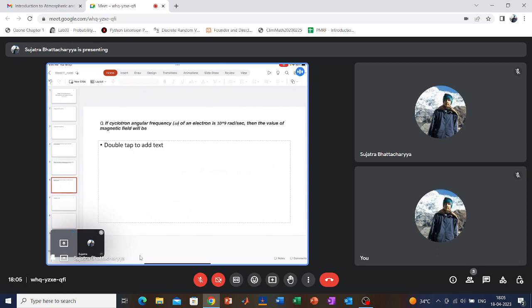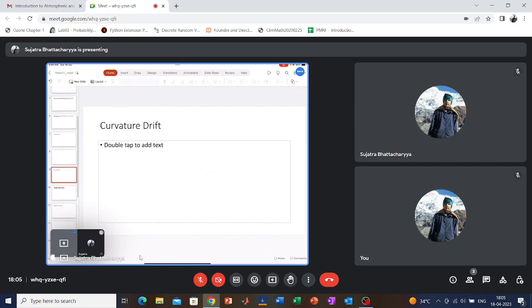There will be 3 numerical questions which appeared in the week 11 assignment, and after that some concepts which will be helpful in solving the numericals as well as conceptual questions present in week 12. That will be helpful, like the gradient drift, then curvature drift, what are those concepts, and then planetary ring currents, I will write some expressions.